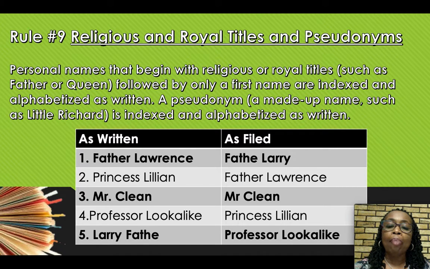Then we will have Mr. Clean, a pseudonym, a made-up name, written just as it is. Princess Lillian, a royal title, written just as it is. And Professor Lookalike, lastly, a pseudonym, written just as it is. So this is the rule for religious, royal titles, and pseudonyms.